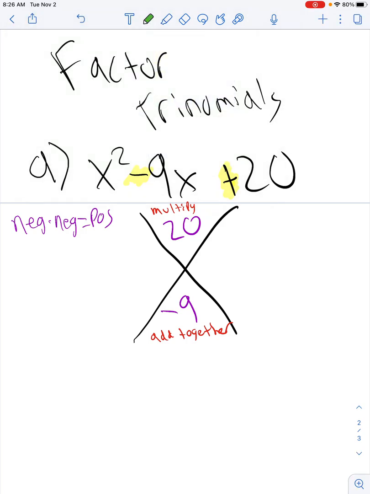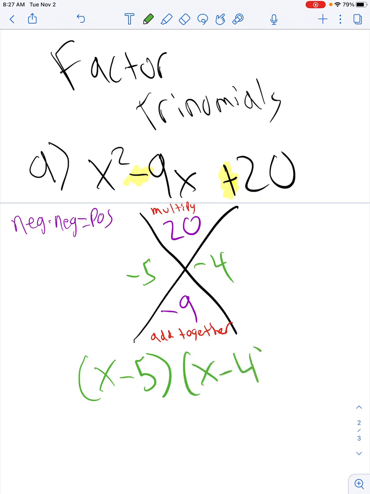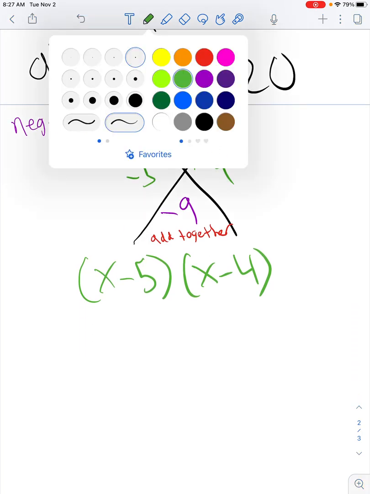I'm just going to change the color. So this is negative 5, negative 4. So if I were to factor this out, my factor would be x minus 5, x minus 4. So if all it said was factor, I would be good. I factored it out, x minus 5, x minus 4.